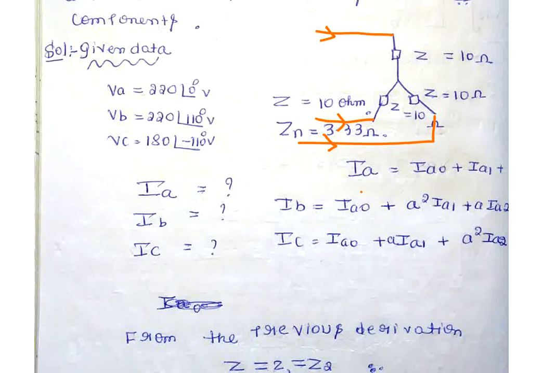How will we write IA in terms of sequence components? IA0 plus IA1 plus IA2. How will we write IB? It is IA0 plus A square IA1 plus A into IA2. IC is IA0 plus A into IA1 plus A square into IA2. This you know.